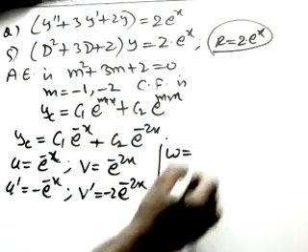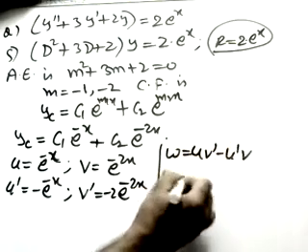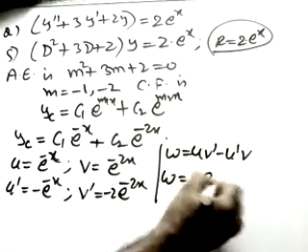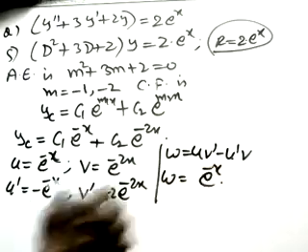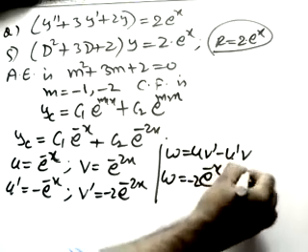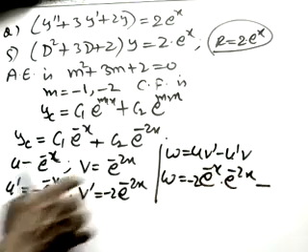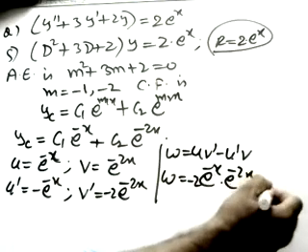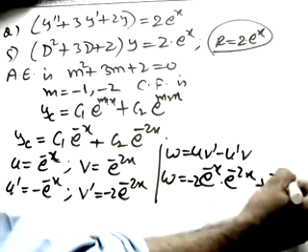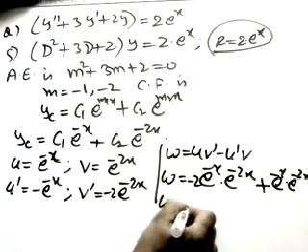Now the next step is we have to find w. What is the value of w? w equals u v dash minus u dash v. So w equals u, e power minus x, into v dash, which is minus 2 into e power minus 2x, minus u dash v, where minus into minus will become plus, e power minus x into e power minus 2x.